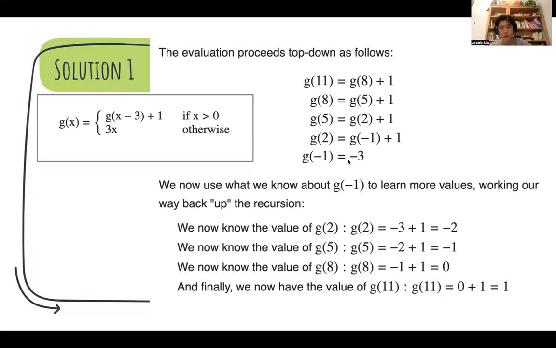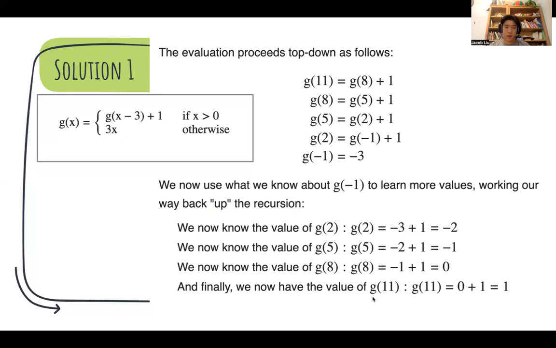Okay, so now that we know g of negative 1 is negative 3, we can use this to learn other values, right? So we kind of work our way back up the recursion. So now that we know the value of g of 2 is negative 3 plus 1, which is negative 2, right?